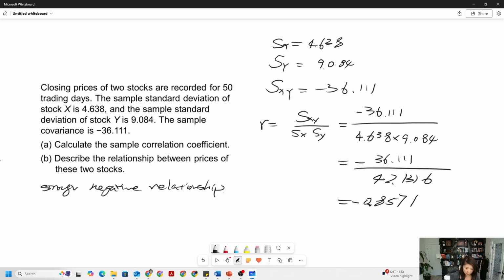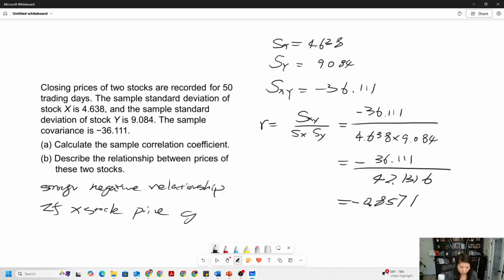Okay, so this might be the answer just for the math major student, right? We are business students. We should not stop here. So what does this strong negative relationship actually mean in this sense? That means if the X stock price goes up, the Y stock price will go down, right?